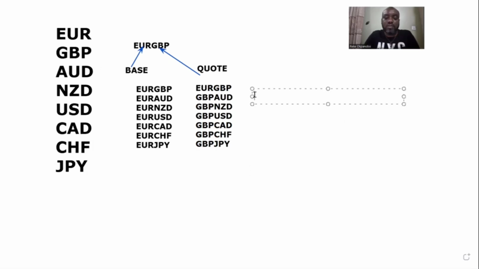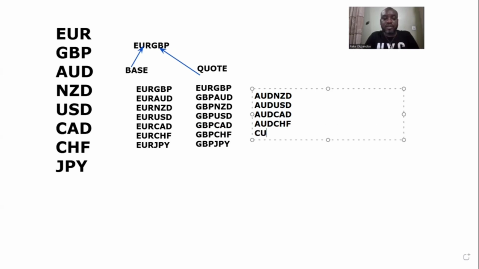So the next one will now be AUD NZD, AUD USD, AUD CAD, AUD CHF, AUD JPY. In the same vein, you run all of them till the end.